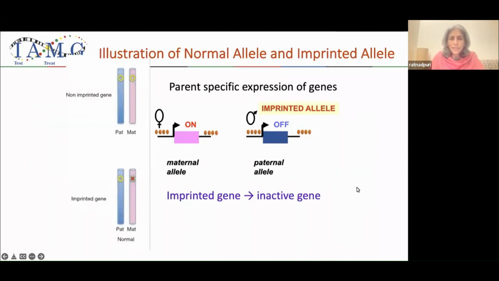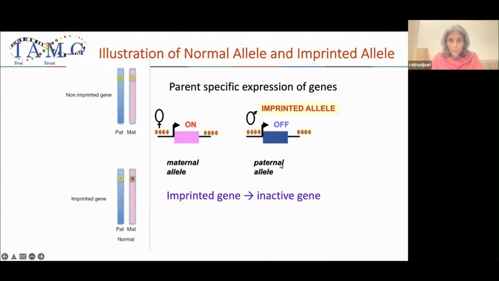Now, this is a diagrammatic cartoon of a gene that is functional and the copy of the gene that is not functional. So this is one gene, let us say A, that has two copies, one inherited from the mother, in pink, and the other inherited from the father, in blue.